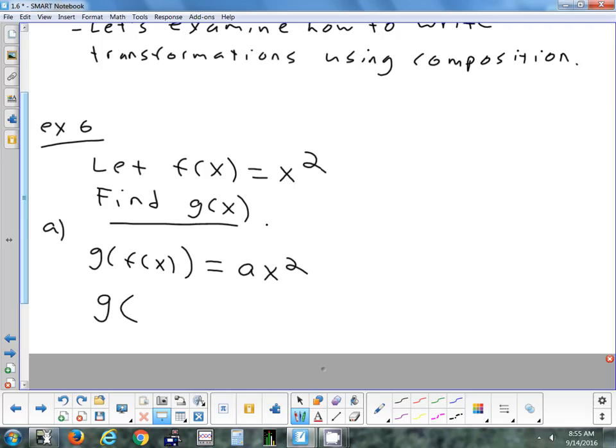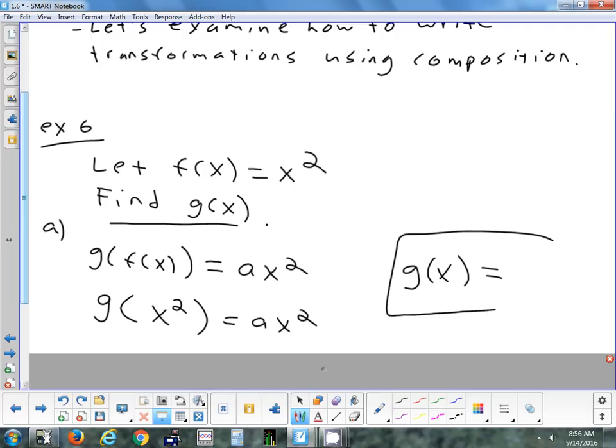We know f of x is x squared. So can anybody think, looking at this, what would function g have to be so that I would plug in this and get that as the answer?